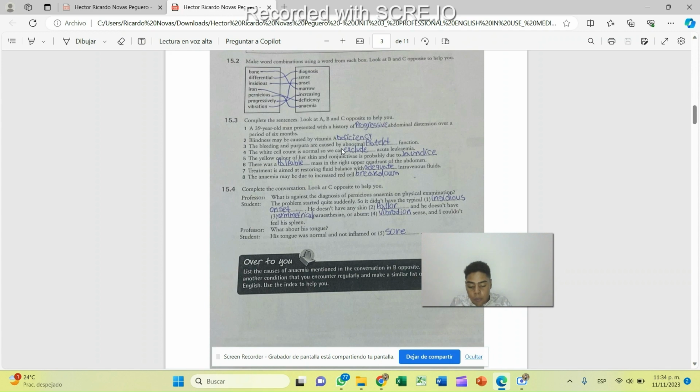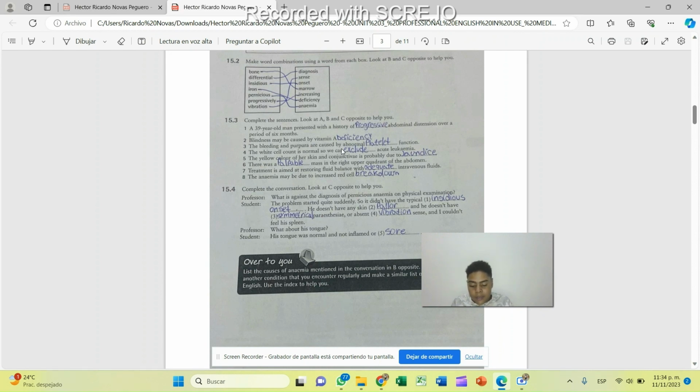The yellow color of the conjunctiva is probably due to jaundice.